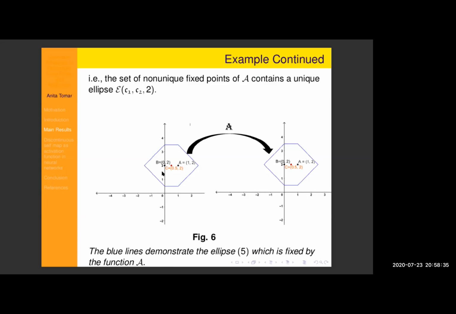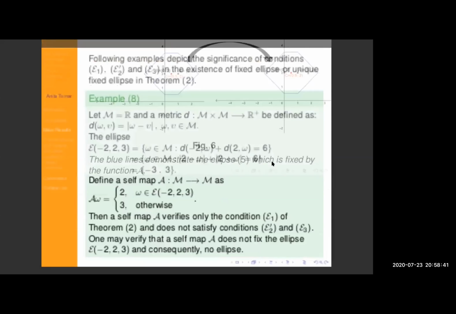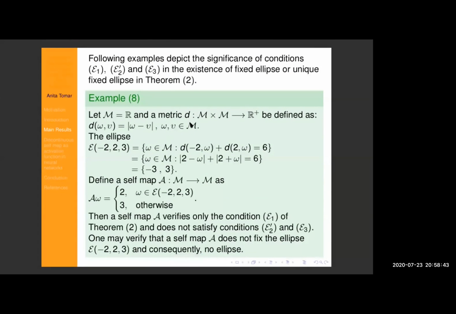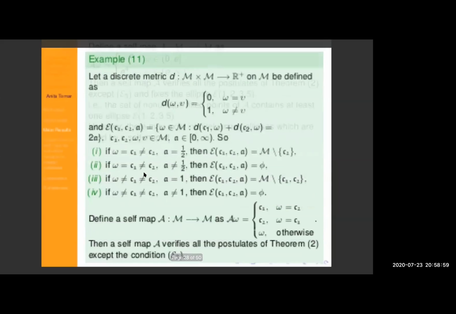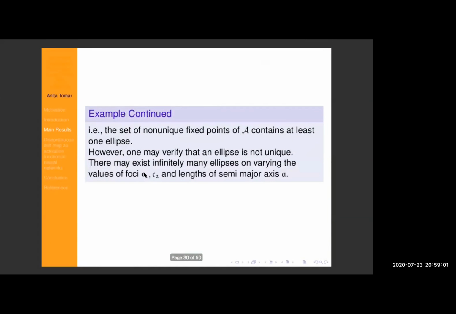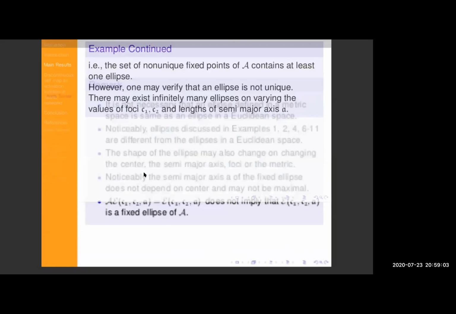And the blue line demonstrates the ellipse which is fixed by the function A. And these are some of the examples which again demonstrate that the first, second and third conditions of the theorem are important for the existence of a fixed ellipse or a unique fixed ellipse. I'm skipping all these because we have a limitation of time.